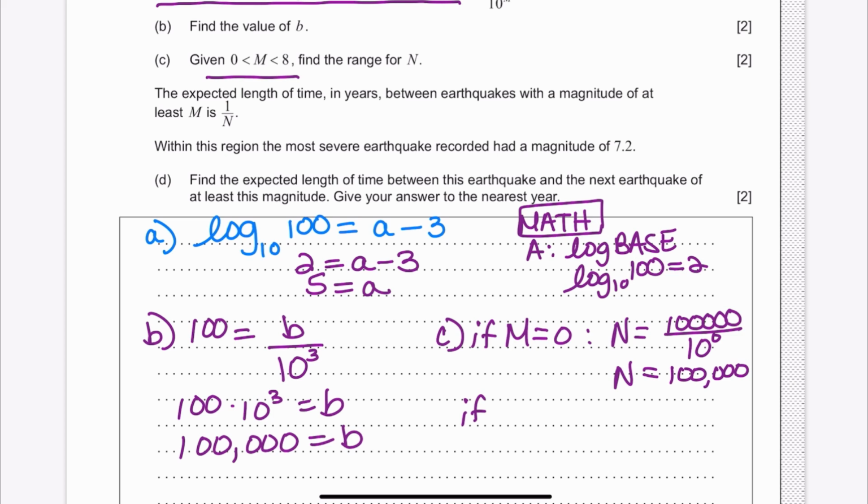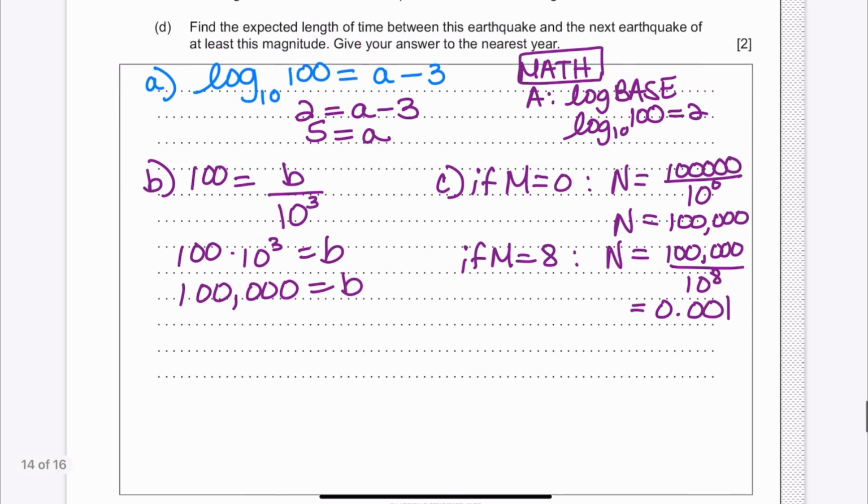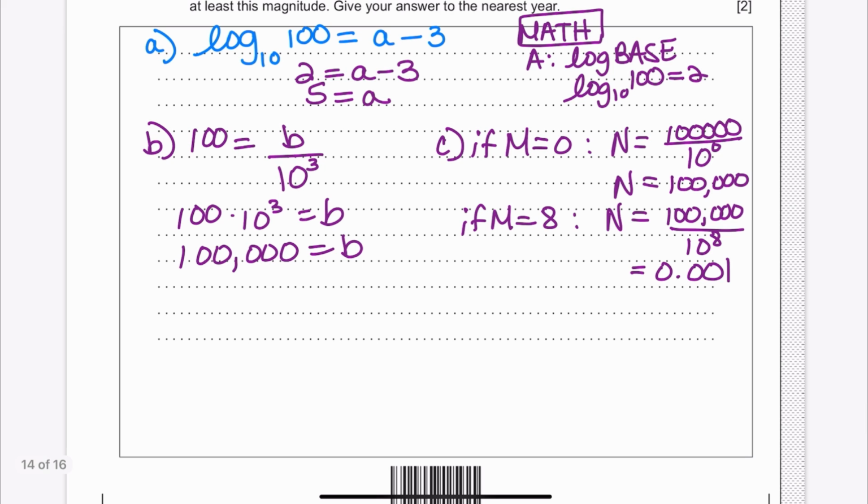And then if M is equal to 8, because that's our domain from 0 to 8, then I'm going to go ahead and say that N is equal to 100,000 divided by 10 to the 8th power. And this is going to equal 0.001, which means that my answer is going to be 0.001 is less than N, less than 100,000.